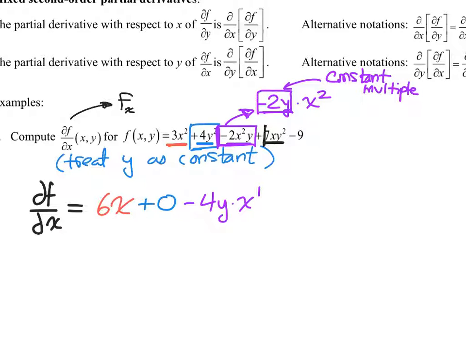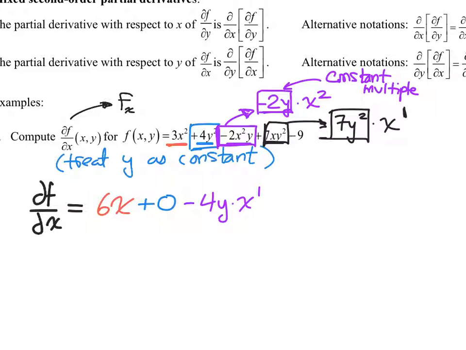Do the same thing for the next piece. 7xy squared. We could think of that as 7y squared times x. That x has an understood power of 1. Power multiplied by coefficient. Because again, that's 7y squared. No matter how complicated it is, it only consists of coefficients multiplied by y's, which we're treating as constant. So no matter how complicated it is, it's still going to be treated as a constant.